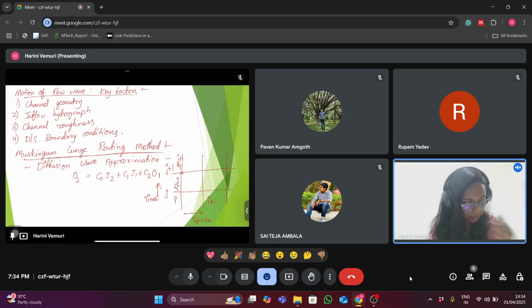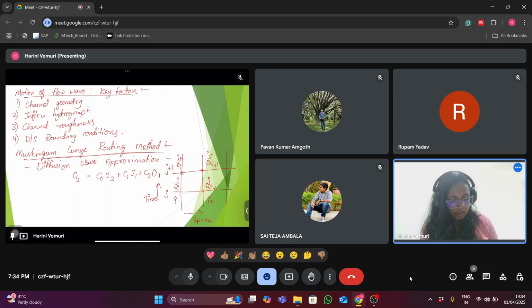This gives the flow at location i plus 1 for time step j, and the flow at the next location i plus 1 at time step j plus 1.